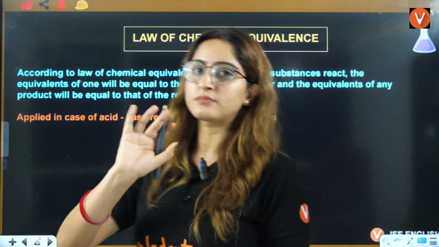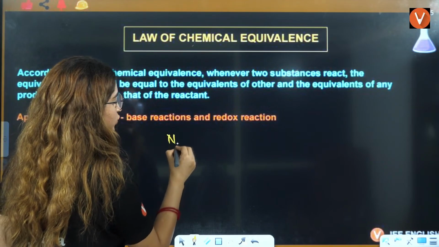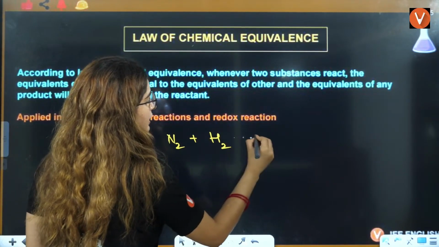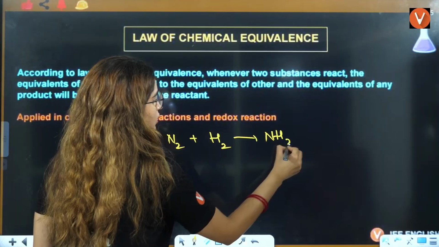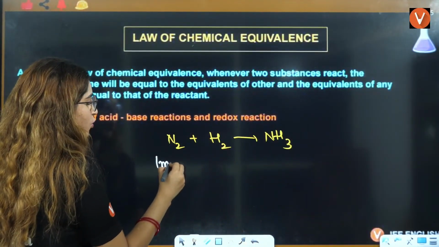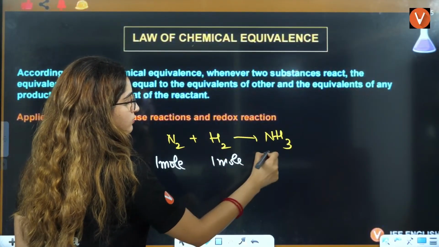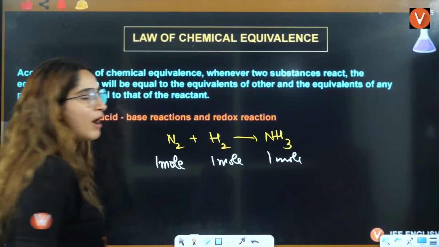Let's say I have given you an equation, N2 plus H2 gives NH3. Now, can you say that 1 mole of N2 equals 1 mole of H2 equals 1 mole of NH3?